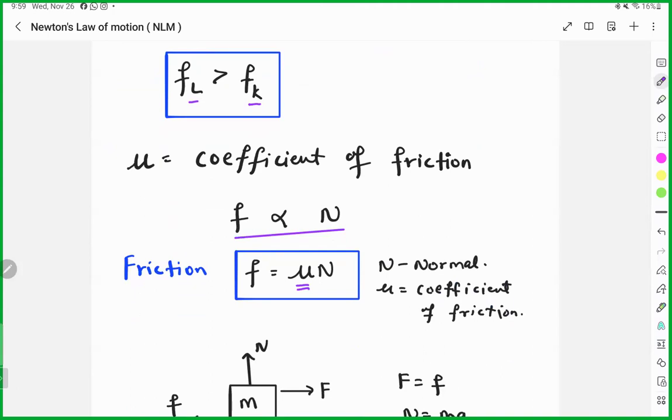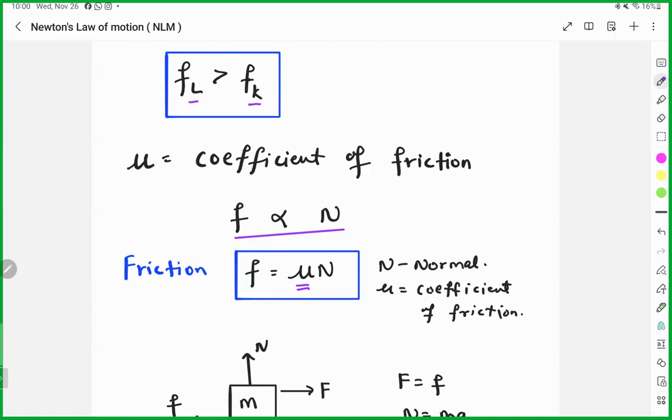For example, if you take a smooth block on a flat, very smooth road, it will be easy to move. But if you move the same block on a kacha road, with mitti and everything, it will be difficult to move.